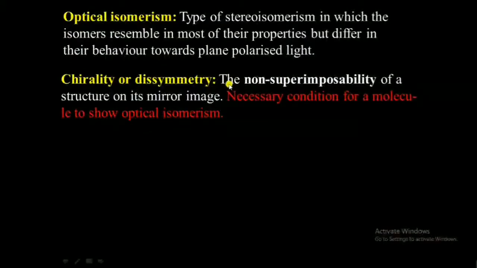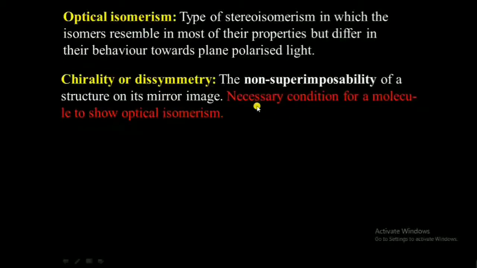It is the non-superimposability of a structure on its mirror image. We will see what that is. This chirality or dissymmetry is the necessary condition for a molecule to show optical isomerism. So those molecules which are chiral or dissymmetric will show optical isomerism.